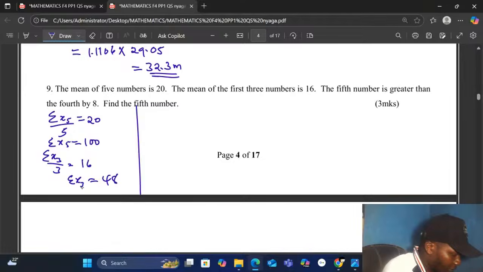So we have the first three and the five numbers. Therefore, we can take 100 minus 48.